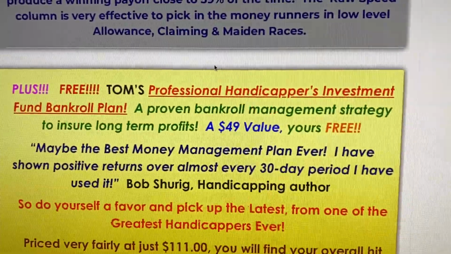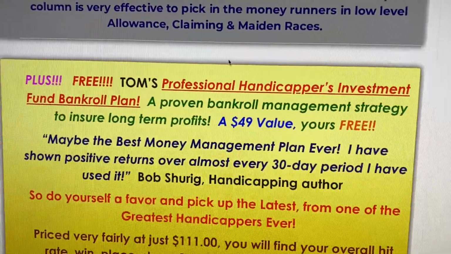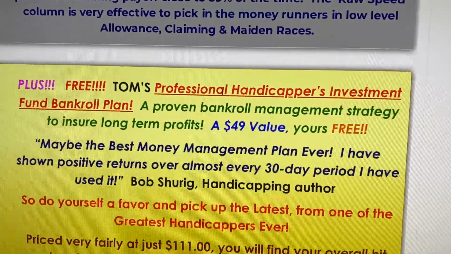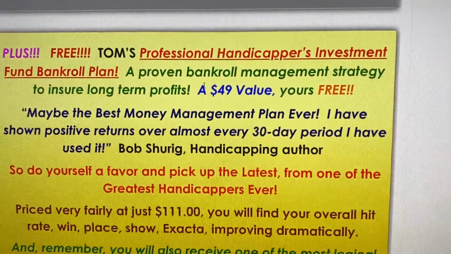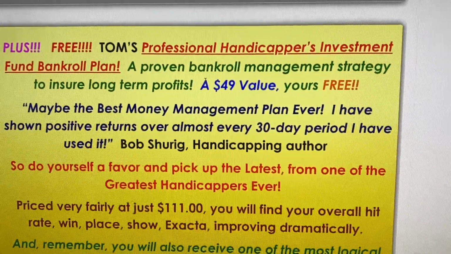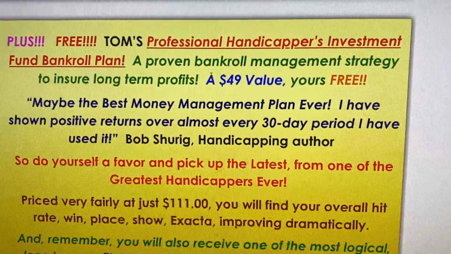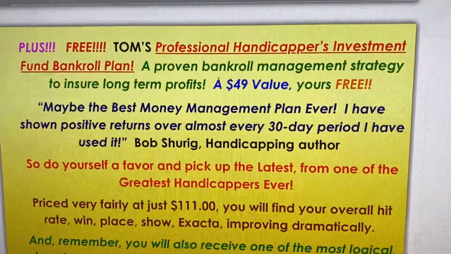Another nice thing is you're going to get Tom's professional bankroll investment plan free. We normally charge $49 for it, but it's a really great long-term plan. You've got to be patient with it, but if you stick to it, you could probably even use a consensus, a Daily Racing Form consensus at 2 to 1 or over, and make money with it.